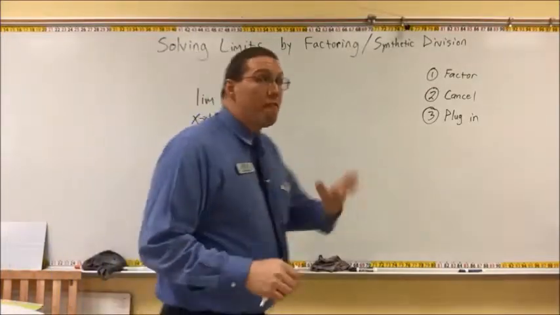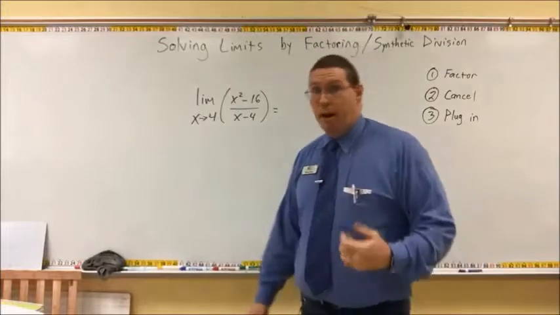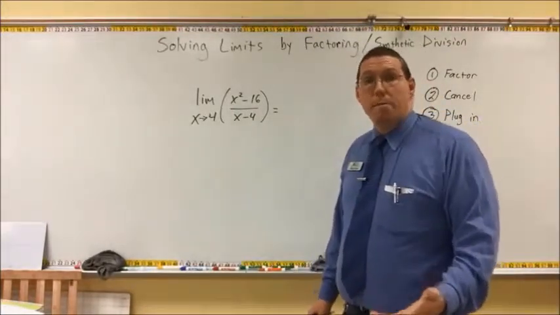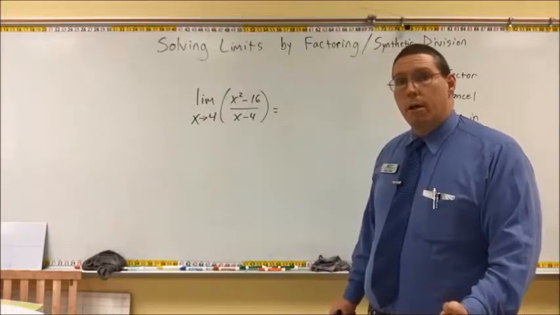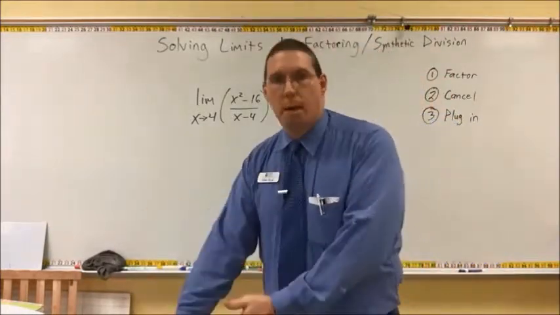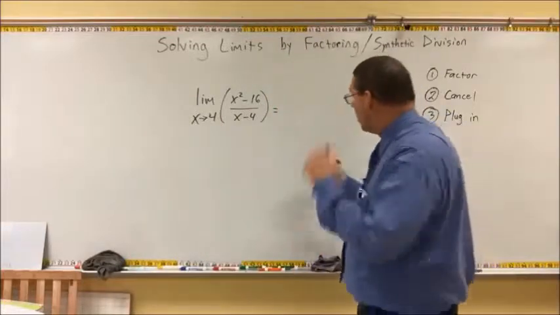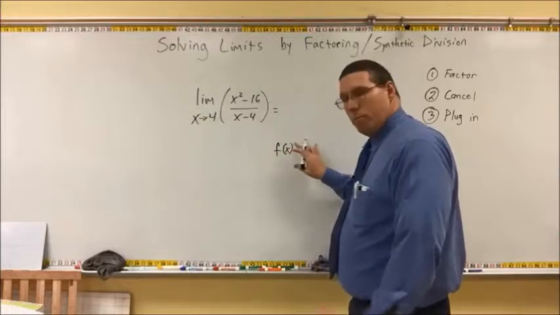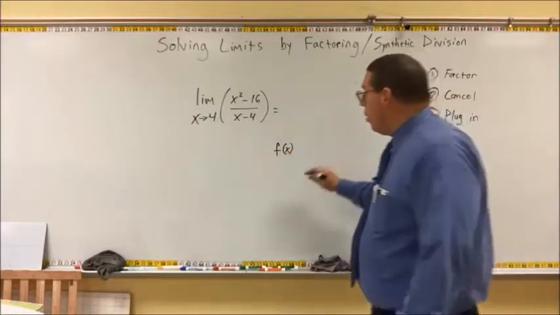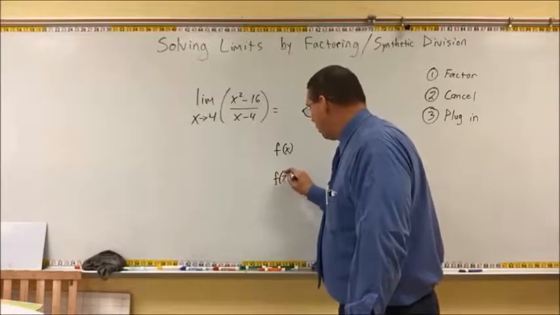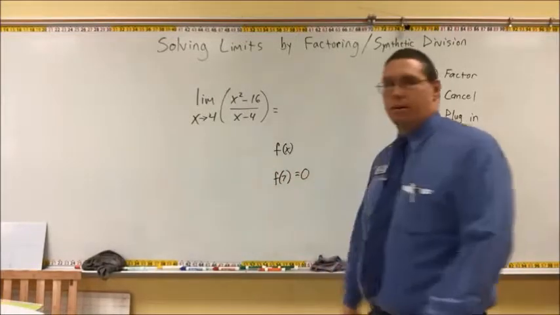And so by the factor theorem, and you can look that up on the internet, the factor theorem very basically says that if you have a polynomial that becomes equal to 0 when you plug a number in, so let's say I have some function f of x, who cares what it is right now, but when I plug 7 into that function, the answer is 0.